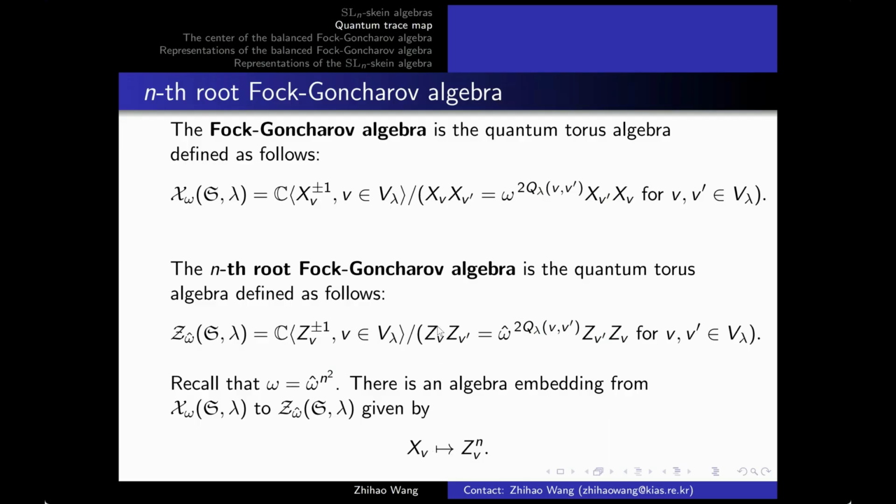Because if there's a power n here and another power n there, then the omega hat will become omega hat to the power of n squared. So this is why here it is n squared, but here it is n.